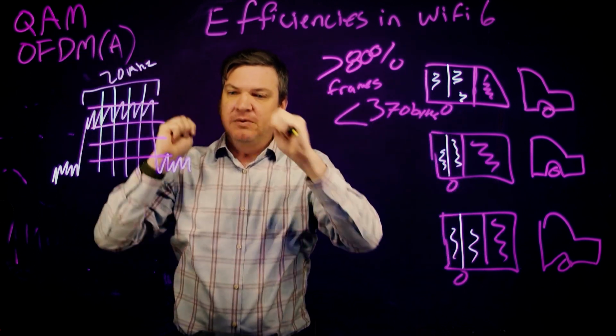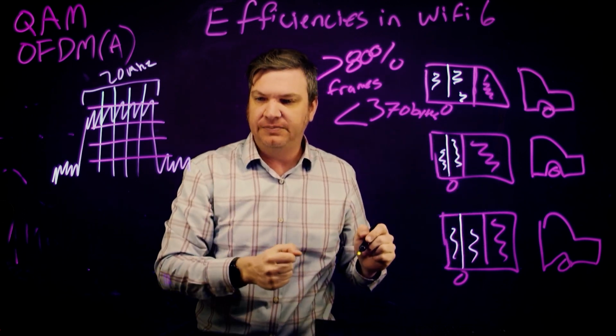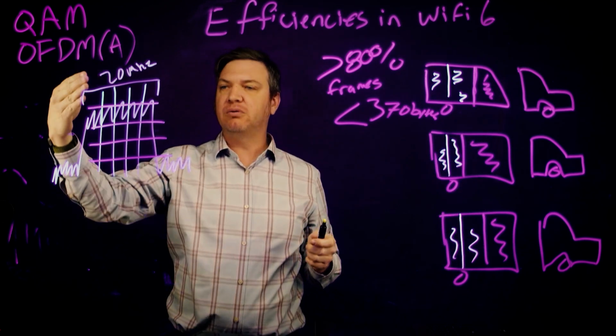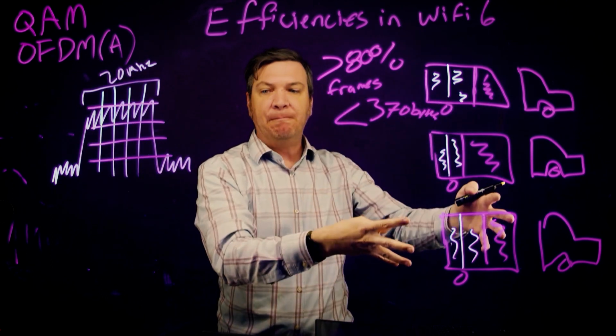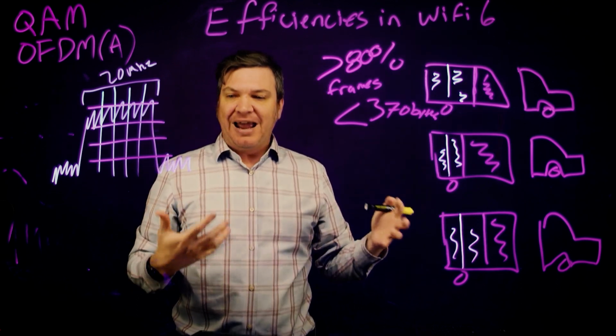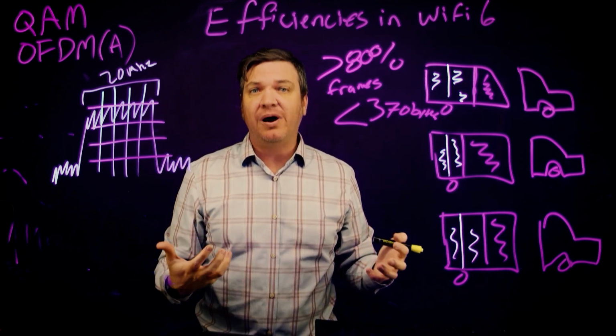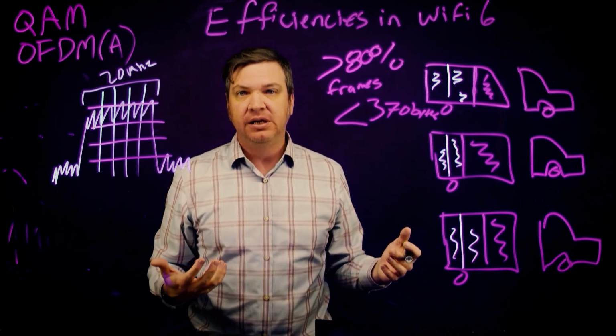With OFDMA, if you want to transmit, there's always a truck there with a little bit of space, right? So with orthogonal frequency division multiple access, we're allowed much more efficiency, right? And this is why we're allowed to have so much density within Wi-Fi 6 without putting a ton of access points all over the place.